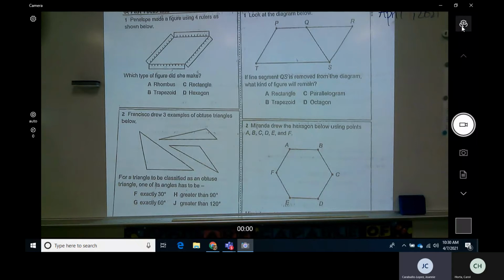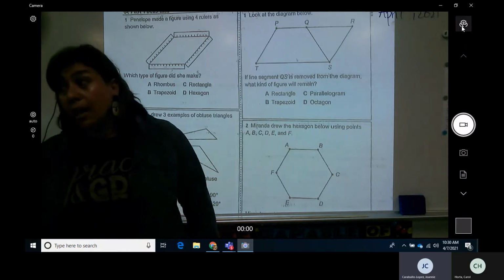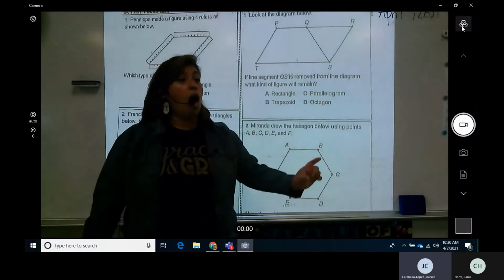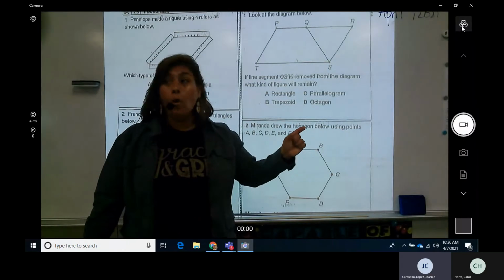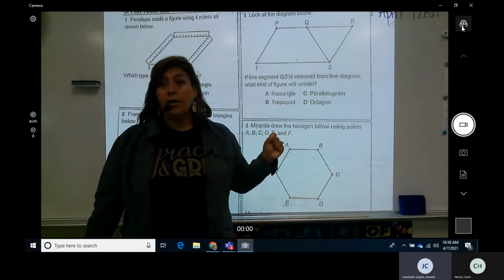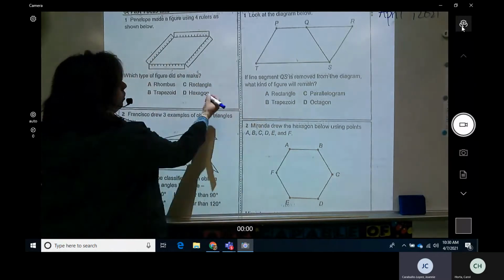An octagon has 1, 2, 3, 4, 5, 6, 7, 8. So she's right. She's the only one that's right, actually. So a hexagon has 6 and an octagon has 8. Say it with me. Hexagon 6, octagon 8. Octa, like 8. Okay? Hexa 6.